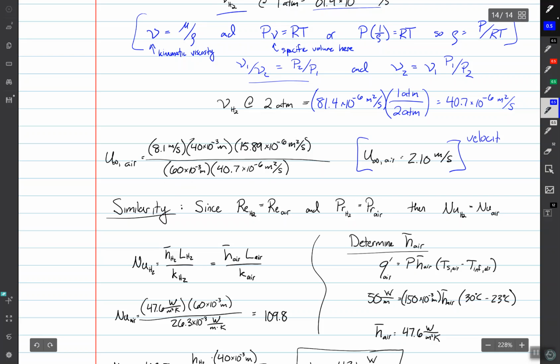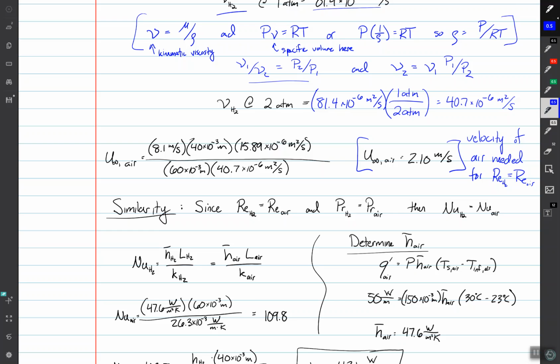This is the velocity of air needed for the Reynolds number of the hydrogen case to be equal to the Reynolds number for air. So in our test case, for the dynamics and the physics to be the same, this is the speed that the air would have to flow.